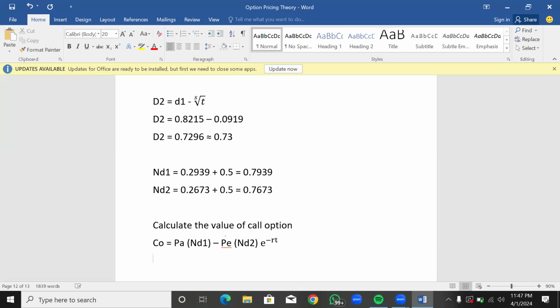So now let's go and impute. What was our PA? I think that's about 3.60. Abby? Yes. What's our ending one? 0.7939.